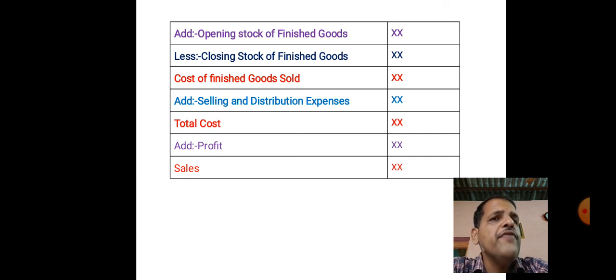Now, this cost of finished goods sold should be added with selling and distribution overheads in order to arrive at total cost. Now, which are the selling and distribution expenses?